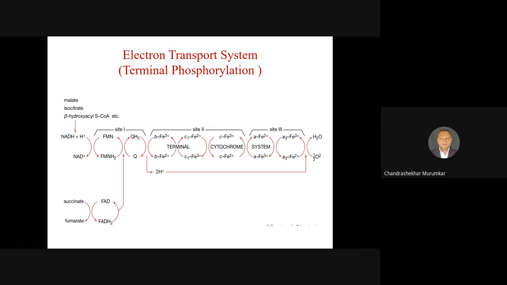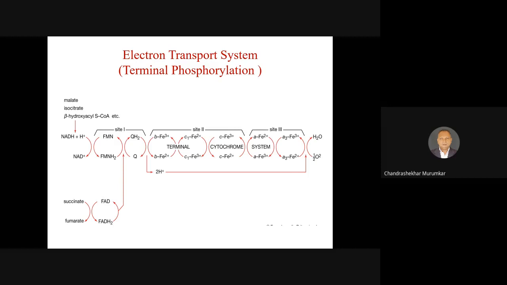Now you can see the beauty is that between FMN and cytochrome Q, this energy drop is much higher, and that's why site 1 is responsible for giving out sufficient energy to generate one ATP molecule.